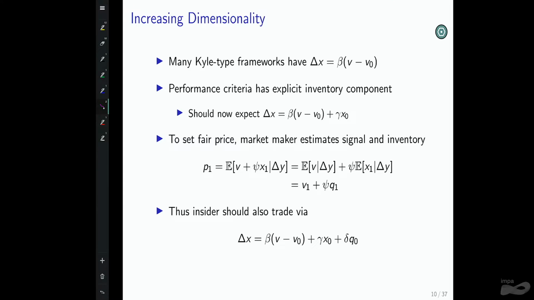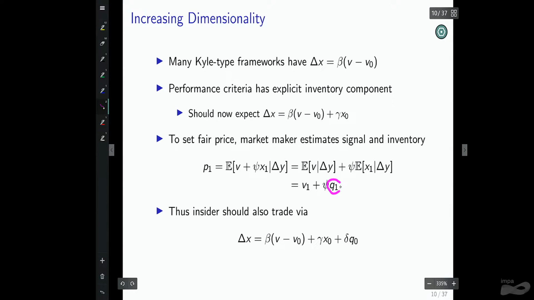But the performance criterion on the previous slide has an explicit inventory dependence, right? We have this quadratic term in terminal inventory. And so you should expect that there's going to be a component of the optimal trade size which depends on the inventory of the insider. But if the trade submitted to the market maker depends on my inventory, then the market maker should probably try and figure out what my inventory is as well, okay?